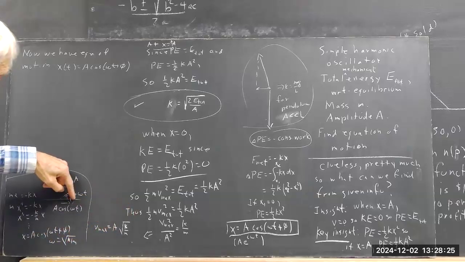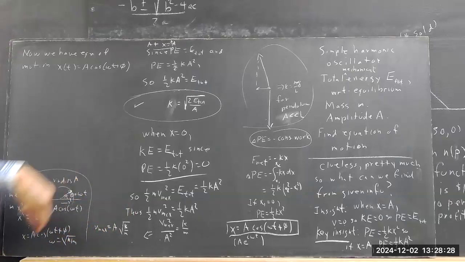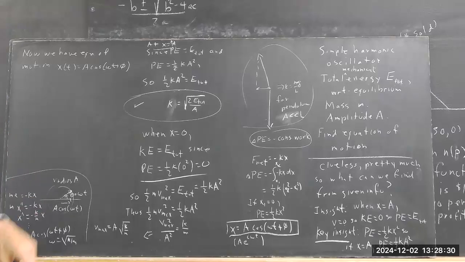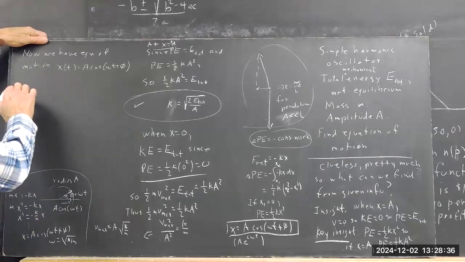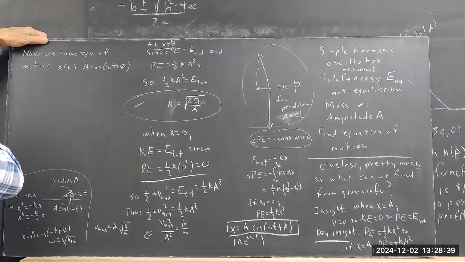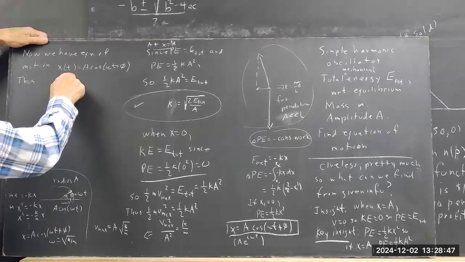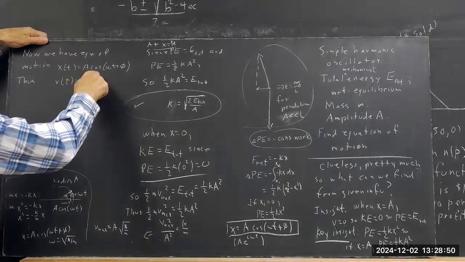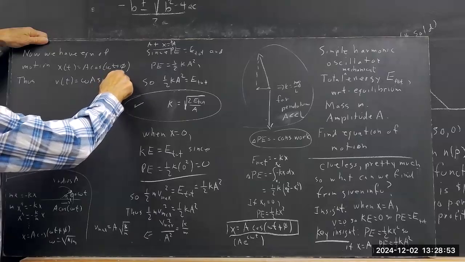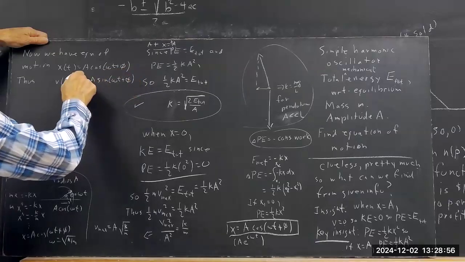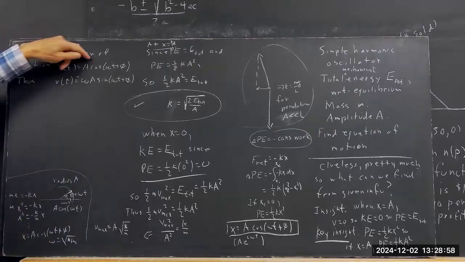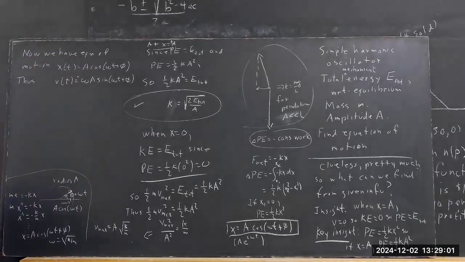And then you have this picture with the cosine oscillating back and forth between here and there. If you want to use the sine, well, you take the derivative of that and you get the velocity, right? What's the maximum velocity?